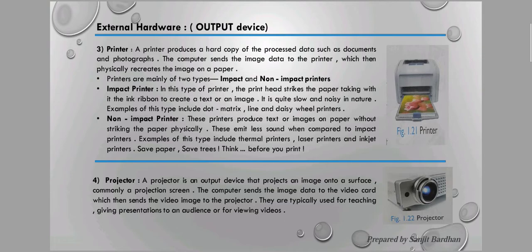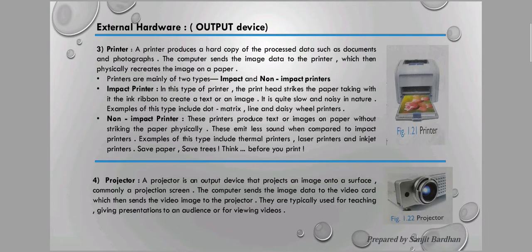Next is projector. A projector is an output device. They project an image onto a surface. Surface means on a wall, on a board, whiteboard, etc. A projector is an output device that projects an image onto a surface, commonly a projection screen.